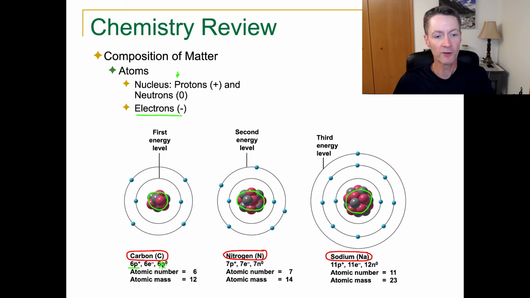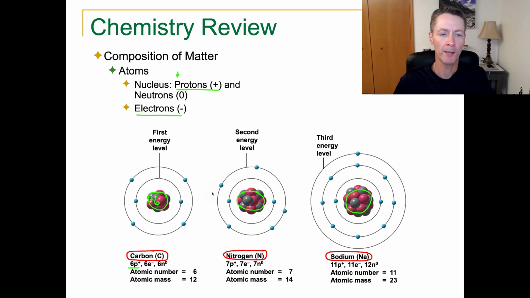We're also going to find some neutrons, but usually we don't talk a lot about the neutrons. A lot of times we're more concerned with the charge that the protons carry, which is a positive charge. So if there's 6 protons, there's a +6 charge going on the inside of this. So I'm just going to put 6, and I'll put a plus sign in front of that for carbon.